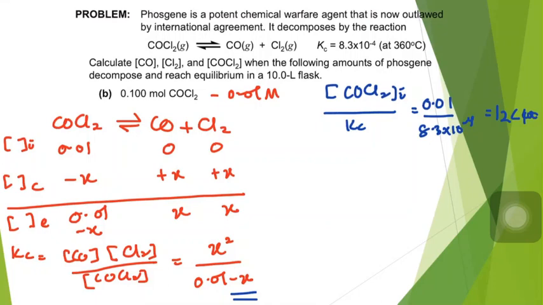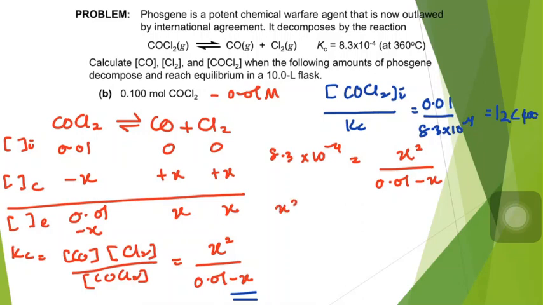Okay, so continue with the Kc expression. So Kc is equal to 8.3 times 10 power of negative 4, is equal to x squared over 0.01 minus x.